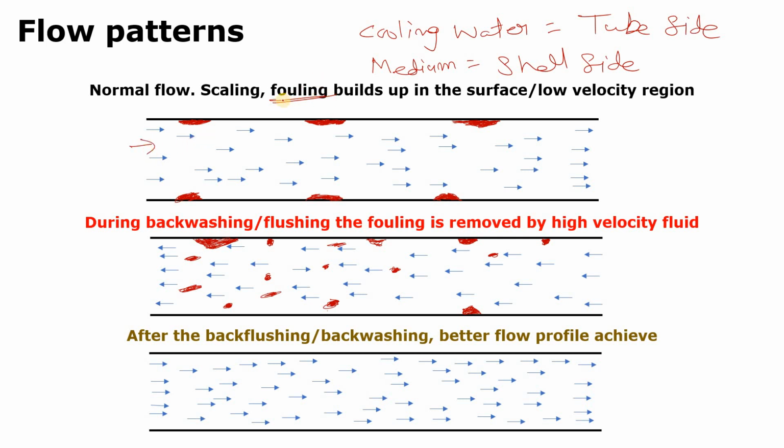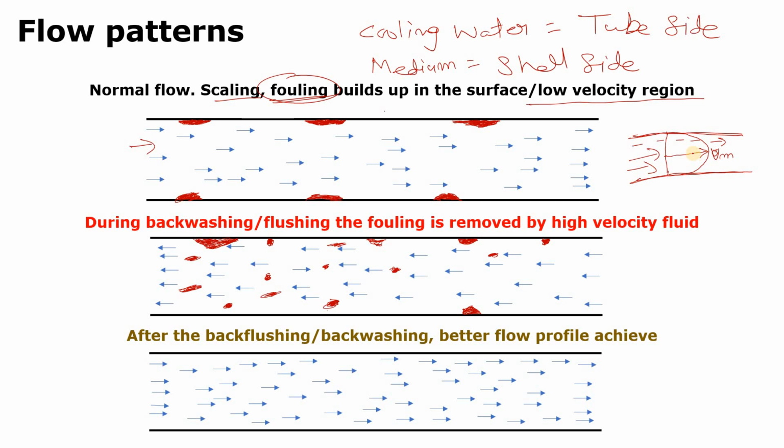So what is happening is that the scaling and fouling build up on the surface in the low velocity region. What does it mean? When you draw the velocity profile, this is my flowing fluid and this is the surface, right? The velocity profile will be parabolic, and the velocity is maximum at the center.